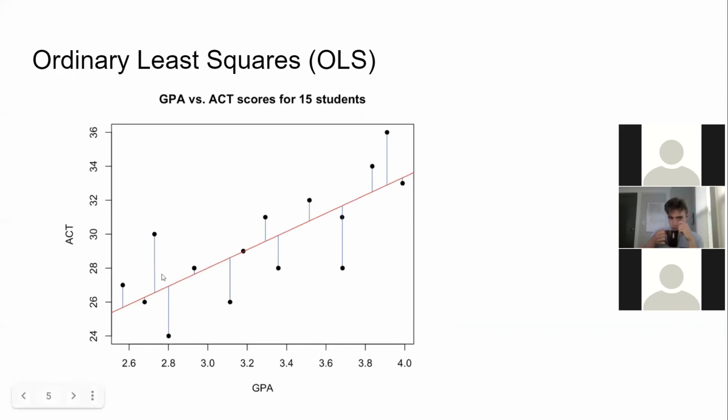Now ordinary least squares, just think of it as a line of best fit. What you do is you take all the points, take the vertical distance, square it, and you want to minimize the sum of these squared distances, and so you get this line. And why do we use squared distance instead of absolute distance?